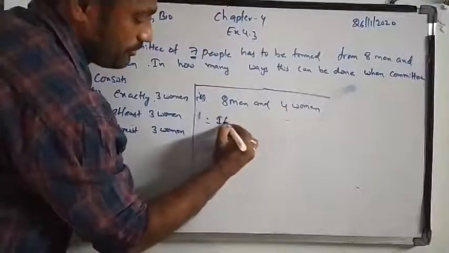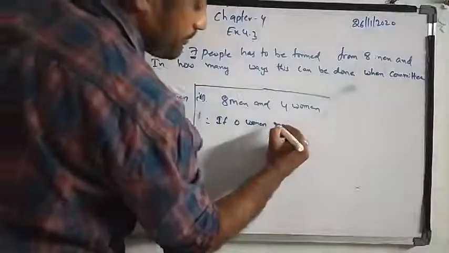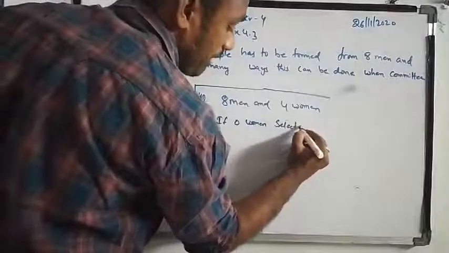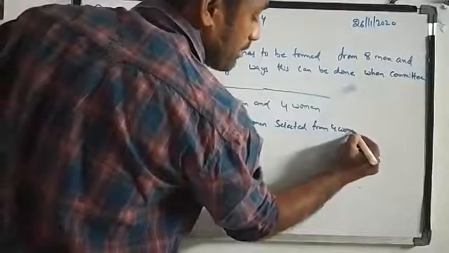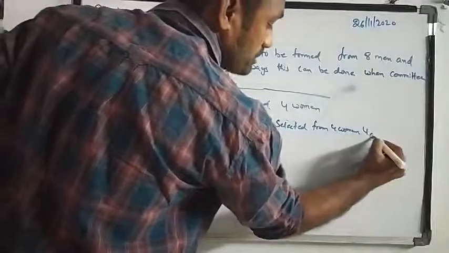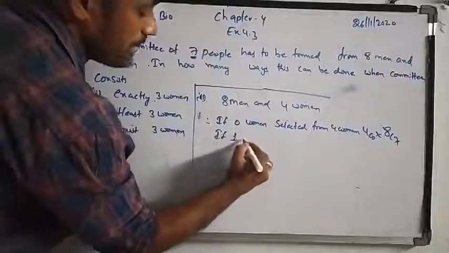So if 0 women are selected, means I am not going to select any woman from 4 women, it can be done in 4C0 ways, and I can select all the 7 men directly.